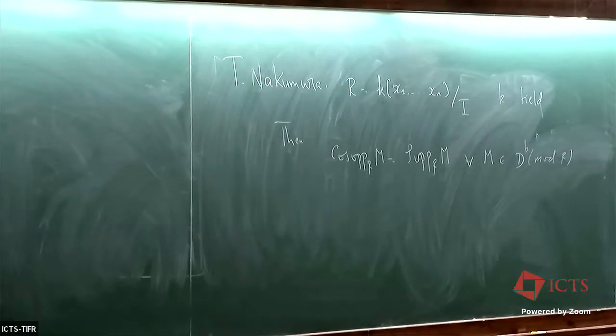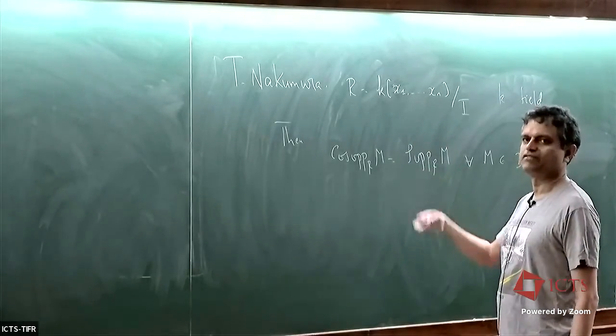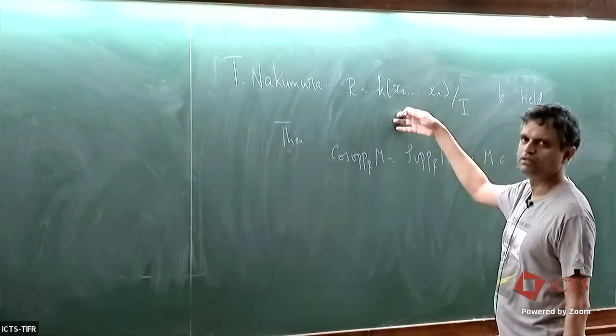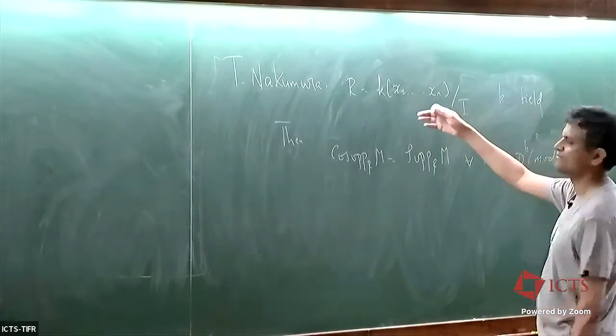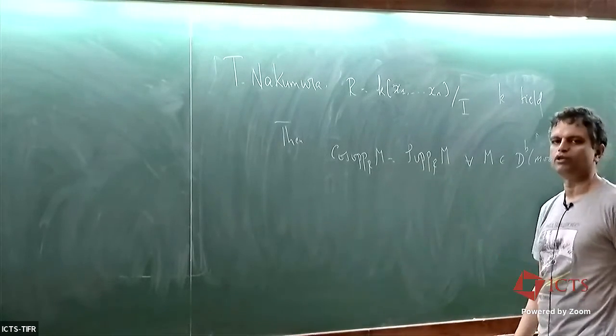This is an interesting result, but there are very few computations about co-support. This one is a comprehensive one. Take any polynomial ring, factor out any ideal, so an affine algebra. Take anything in the bounded derived category of such a thing, then the co-support of the object is the same as the support, and in particular, it's closed.